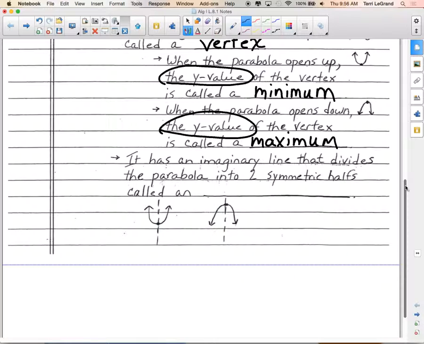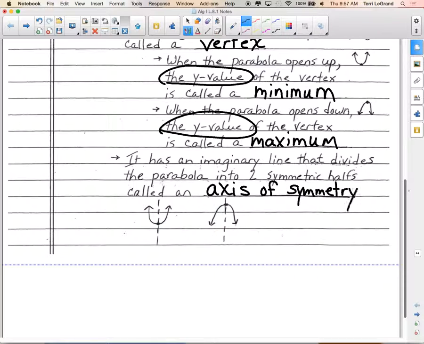Another characteristic of a parabola of a quadratic function. Anybody find it yet? I might have to give it away. Okay. Axis of symmetry. They might not give that away yet in this lesson.